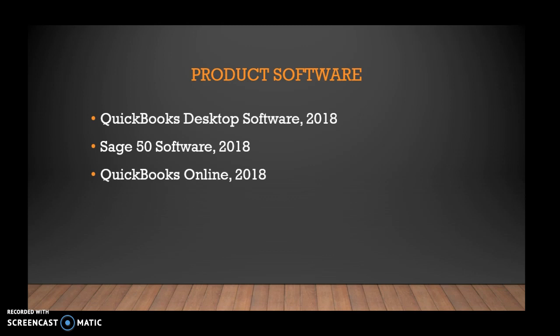Each of the software packages looks and feels different, but they do the same basic things. You will find that perhaps in Sage we do see that it's truly double entry. We might see both the debit and the credit, whereas in QuickBooks we probably won't see both of those sides of the transactions all that often.